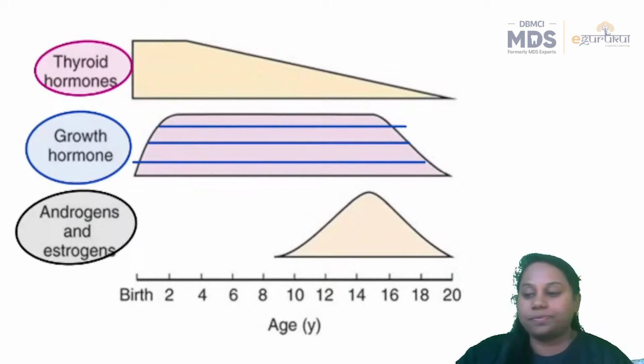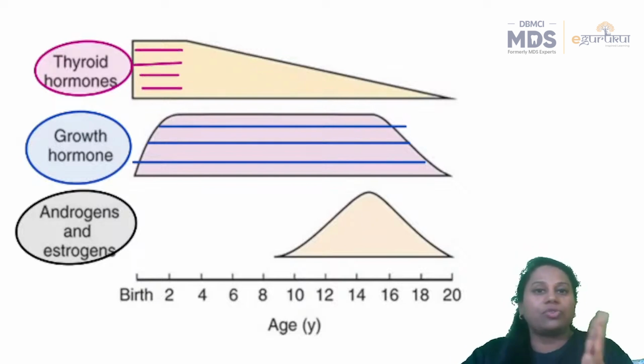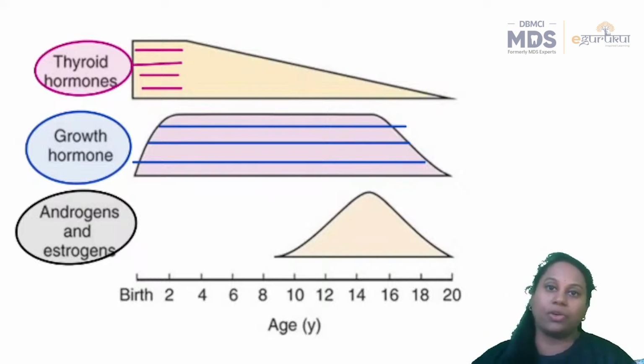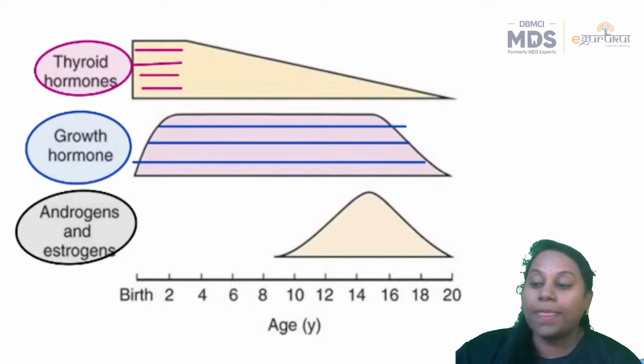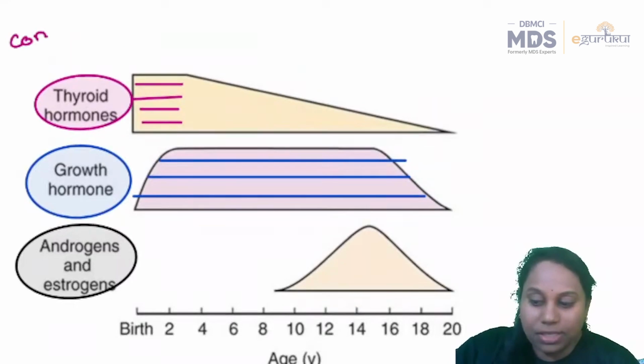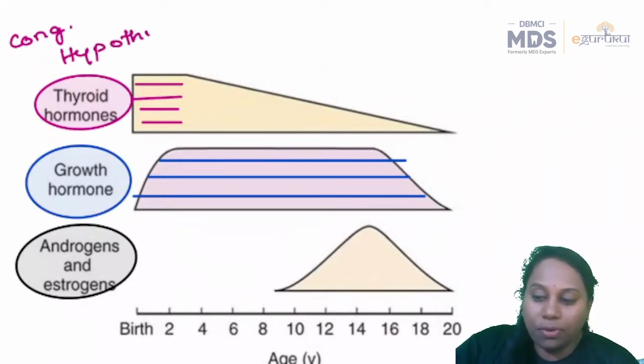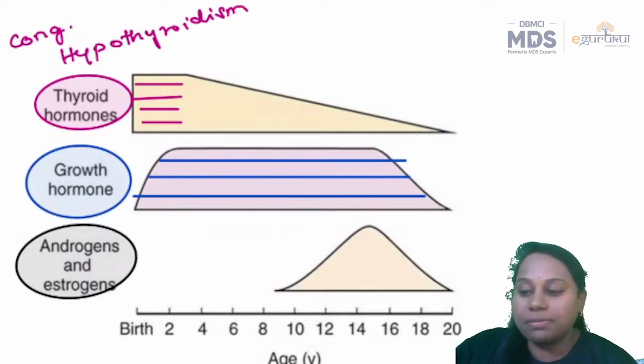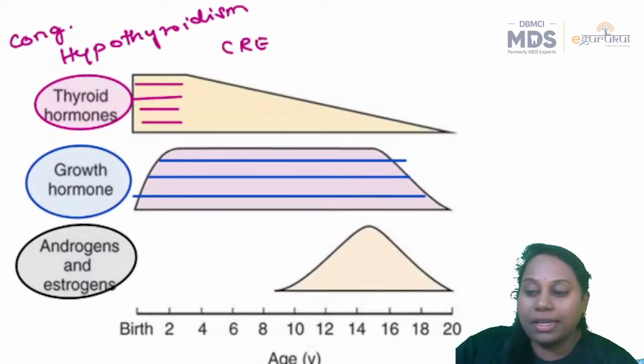Thyroid hormones are especially important during neonatal life, the first 2 years of life, for neonatal growth. That is why thyroid hormone deficiency in newborn babies is called congenital hypothyroidism, which is called cretinism, and cretin babies are dwarf.